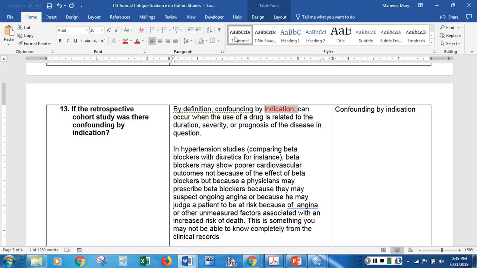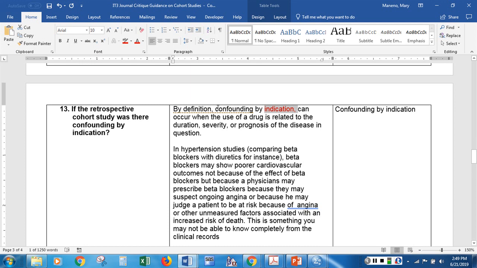So people comparing Crestor with Lipitor, Crestor tends to show poorer outcomes, but not because of the drug, just because of the nature of prescribing. So that's confounding by indication in a nutshell. I just put it here so that if you saw it, you know what it was and would be able to explain it.